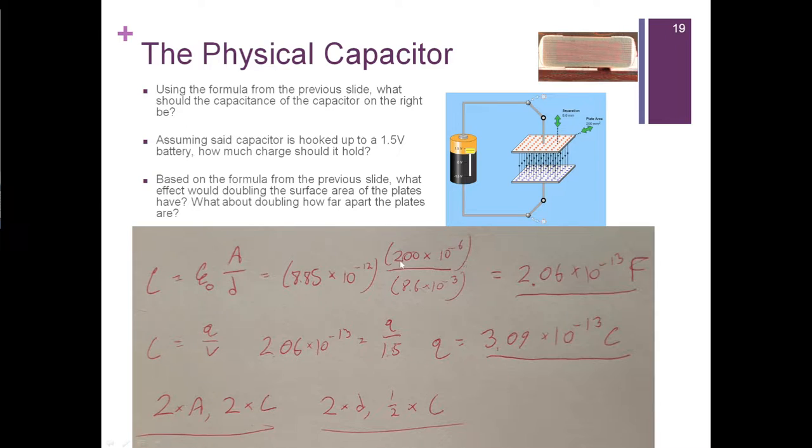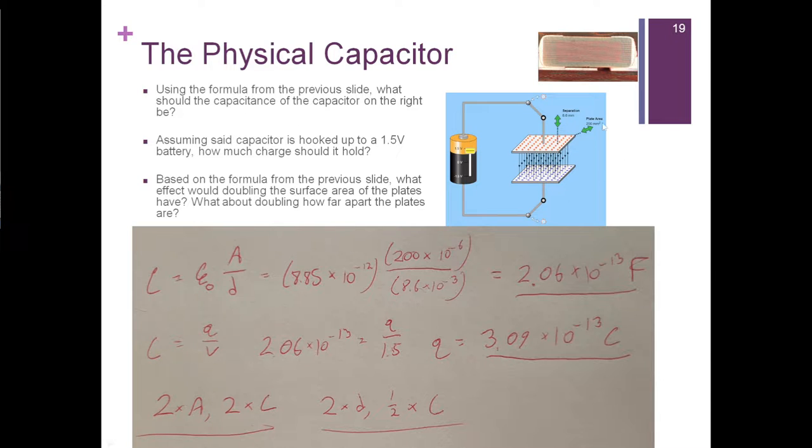Next, we need to plug in the area of the plates. We're given that the plates have an area of 200 millimeters squared. The formula does want meters and meters squared as per usual for physics class at this school, which means we are going to need to convert millimeters squared into meters squared.